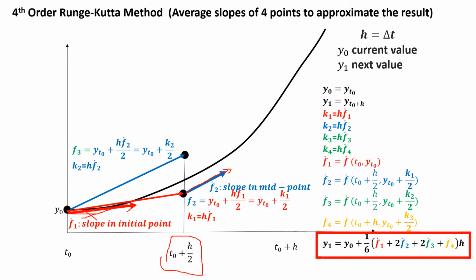So if I use this blue line to estimate the point, it will be y at t0 plus h over 2 multiplied by the slope f2 dot. If h multiplied by f2 dot is k2, the equation reduces to this form. Then at this point, I can also get a slope. If I have f3 here, I have the y3.